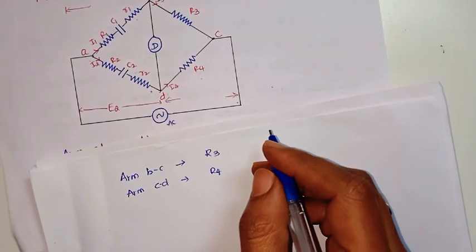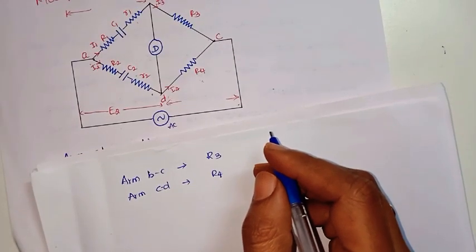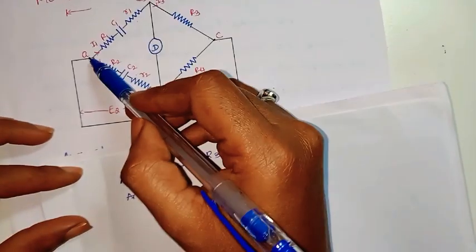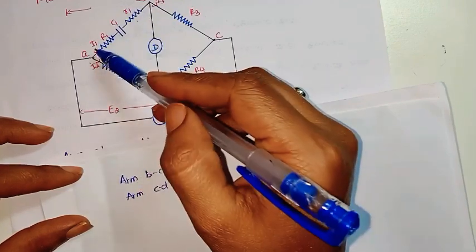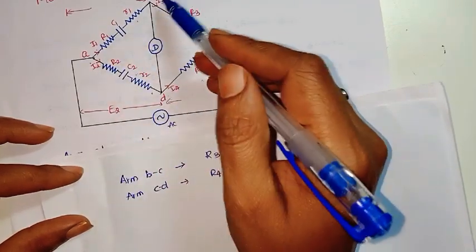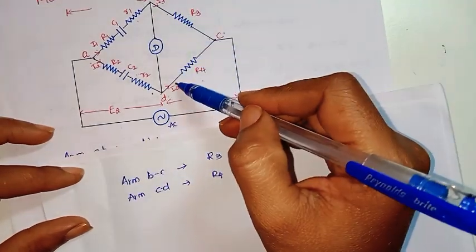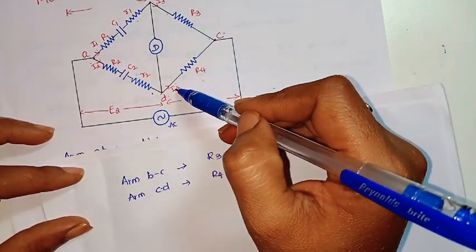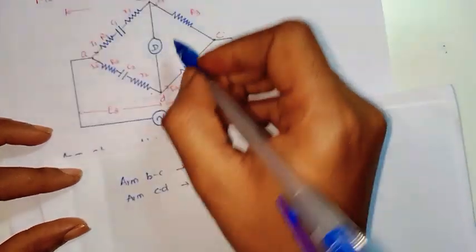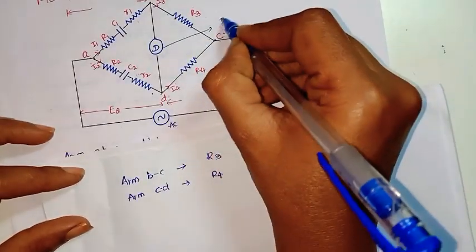The current flowing in the arm AB is I1, in AD is I2, in arm BC is I3, and in the arm CD the current flowing is I4, where D is the detector.